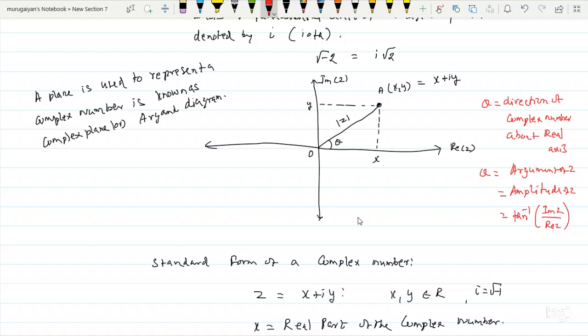Okay, this opposite side is the imaginary part of Z, and the adjacent side of theta is the real part of Z. So the amplitude formula is tan inverse of the imaginary part of Z by the real part of Z, and using the Pythagoras theorem we can get OA from the figure.